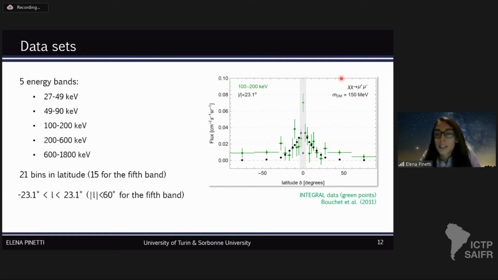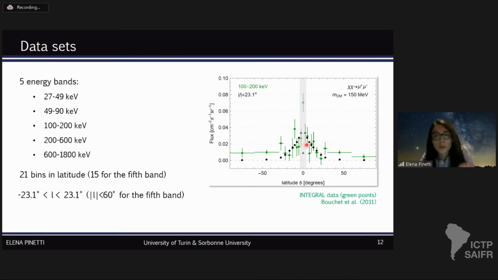So what are the interesting features in this plot? We can say that the dark matter angular profile becomes larger as we approach the central latitude beams. But this is not surprising, since the dark matter density is higher as we approach the galactic plane.